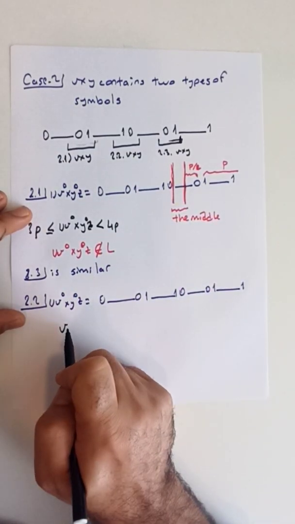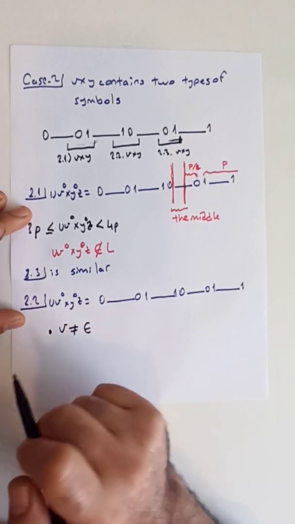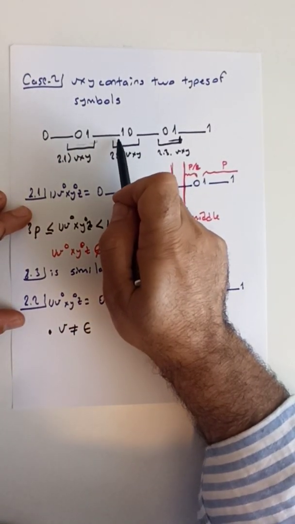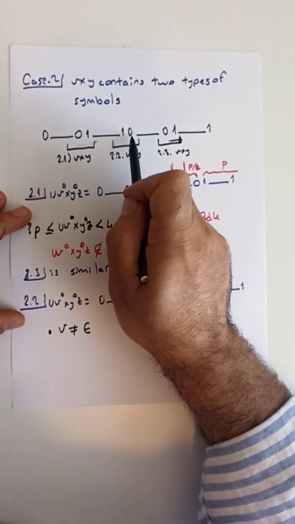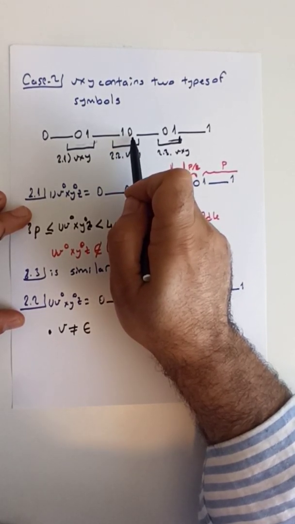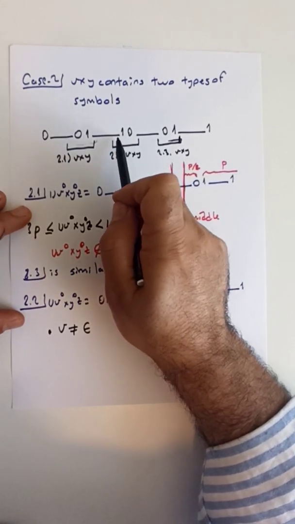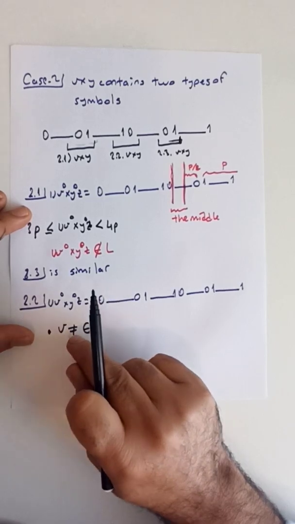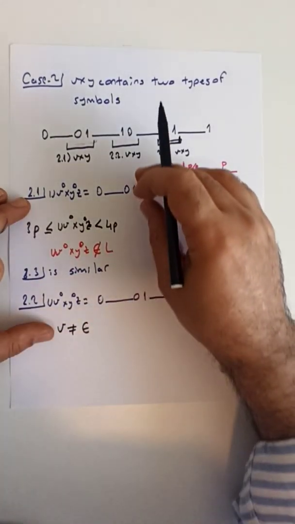Let's consider the case where v is not equal to epsilon, which means that v contains some number of ones, or v contains some number of ones followed by some number of zeros. Due to this condition, v not being equal to epsilon, let's see what happens.